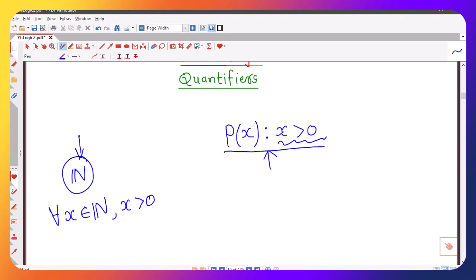If I am writing P of x, x greater than 0, then this is not a statement, it is a statement function. But if I am writing that for every x in the set of natural numbers x is greater than 0, then this is a statement which is true for every natural number.